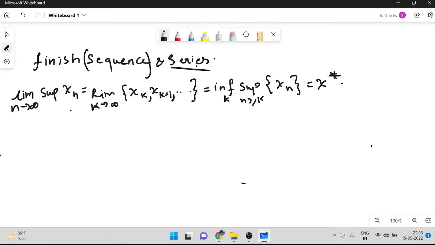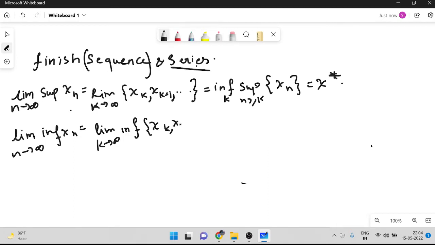So similarly we have limit n tends to infinity, lim inf xn is equal to limit k tends to infinity of the infimum of the sequence xk plus 1 and so on, which is equal to the supremum over k of the infimum of xn for n greater than or equal to k.